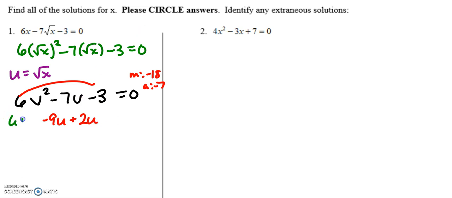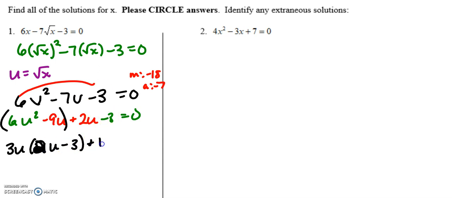And then I still have my 6u squared and minus 3 is equal to 0. Now I can factor by grouping. It looks like I can take out a 3u here, and I'm going to be left with 2u minus 3. And then if I take out a 1 here, I'm also going to be left with 2u minus 3, which means factoring by grouping was successful.